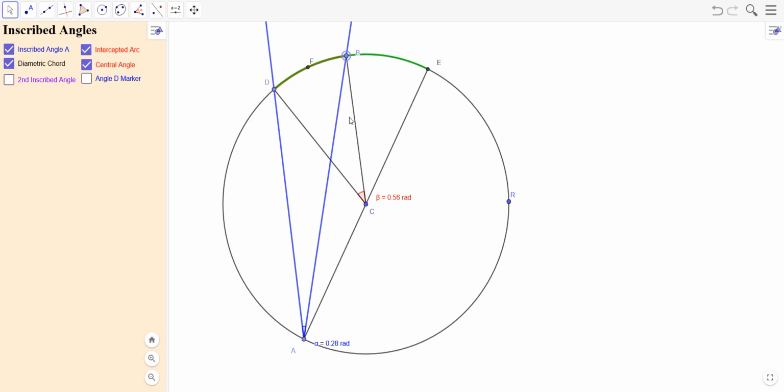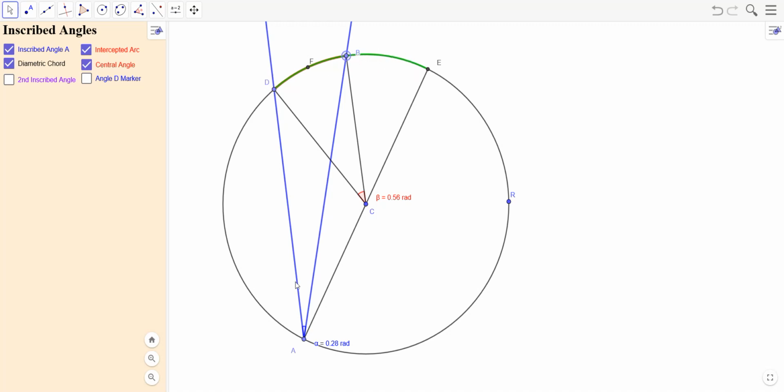Since the ray CB is going to be in the interior of the angle DCE, we can find angle DCB by subtracting the angle measure BCE from DCE. So in other words, to find the arc measure here, you find the arc over here to where the diametric chord comes across, and then subtract this extra part here.